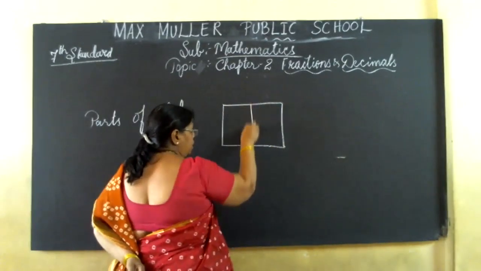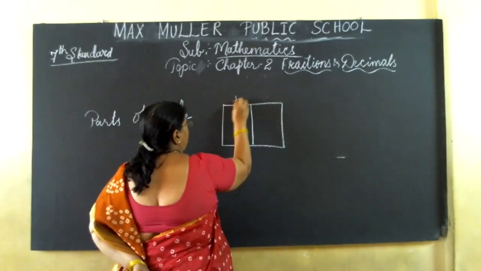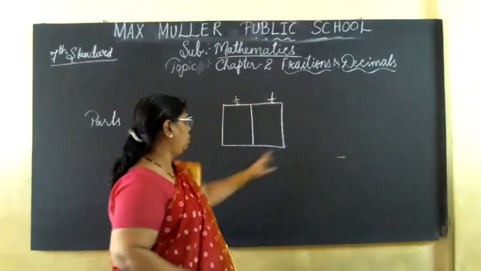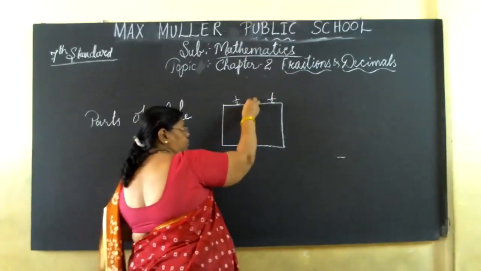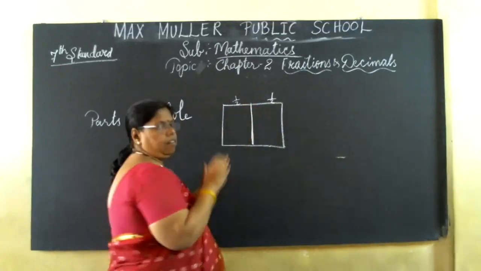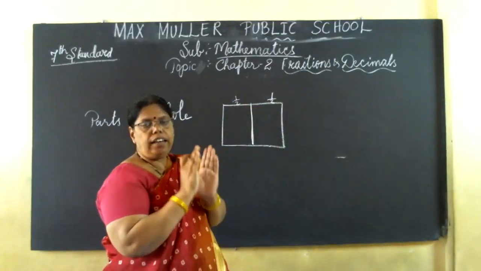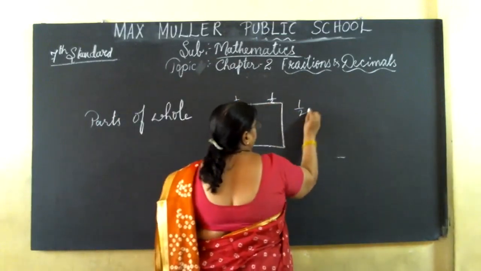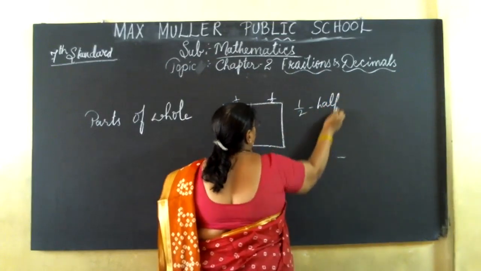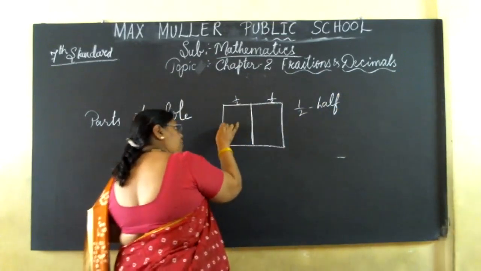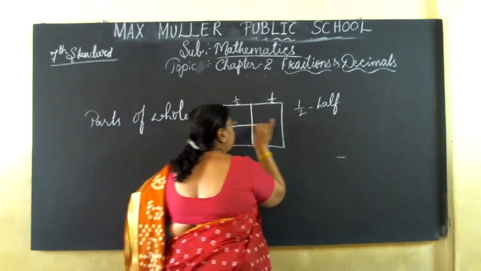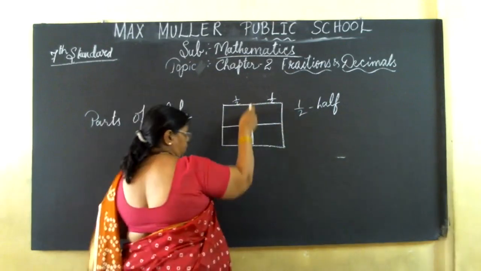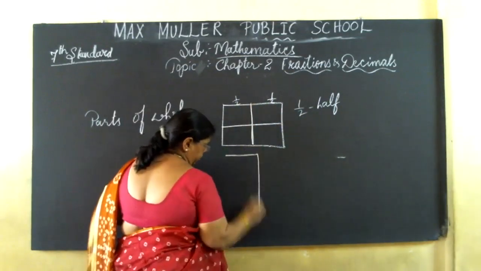When we divide it correctly into two parts, that becomes half. This is a fraction. Okay, that is half.